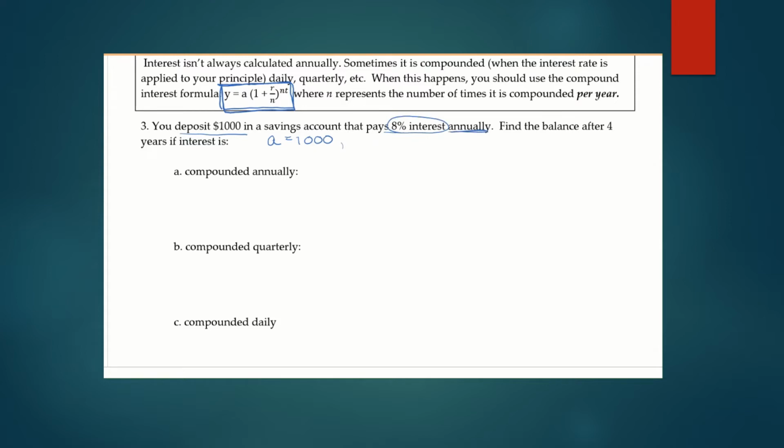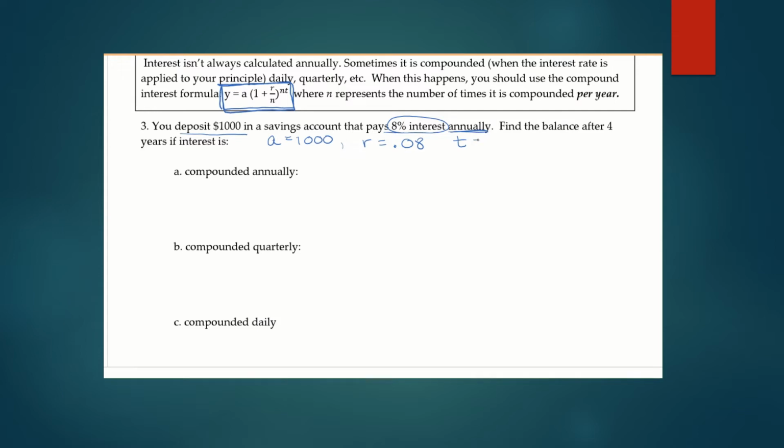annually. Okay, so 8%, this is a growth factor because you are having money put into your account, so your account value is going to go up. So this R, our growth factor, turning into a decimal, is 0.08. And then in this case, our T value, I'm trying to use the variables that are in our equation that I just gave you.